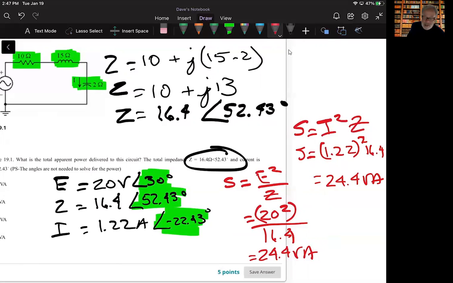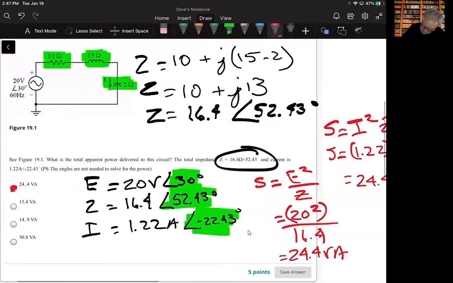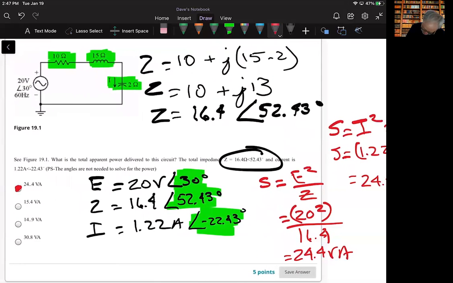Okay, so anyway, just want you to use the information you're given and don't worry about what you don't need, and that will help you with these problems. Now, I'll make one more of these and share it with you.